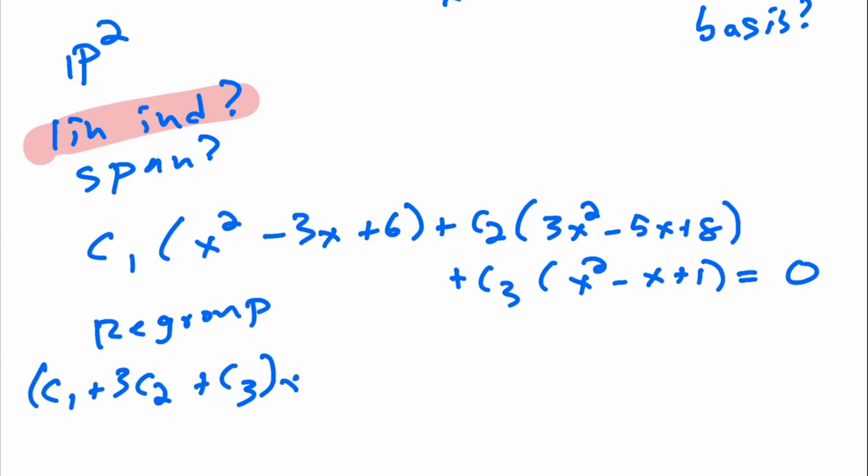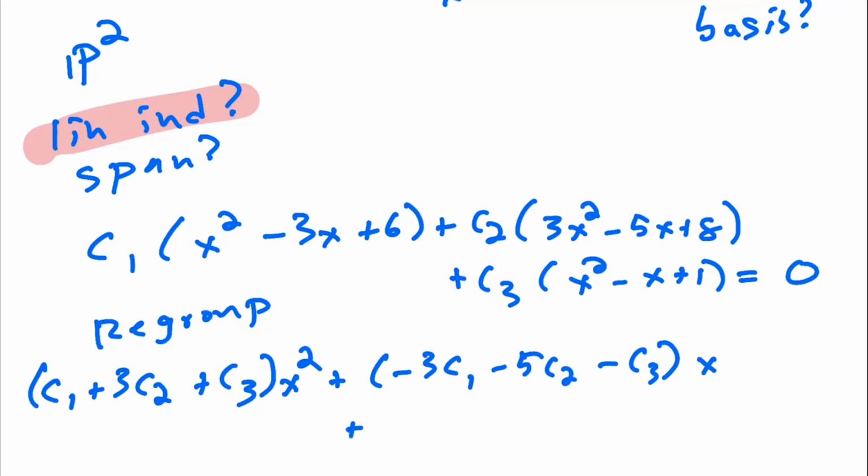That's all my x squared stuff when I multiply out and group. Let's think about my x stuff. My x stuff is that. Check me to make sure I'm doing this right, because it's really easy for me to screw this up. And my constant stuff.